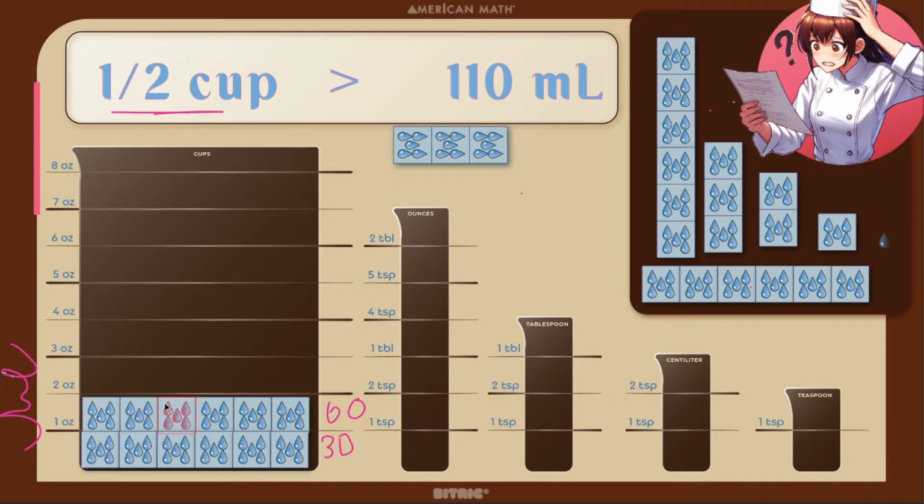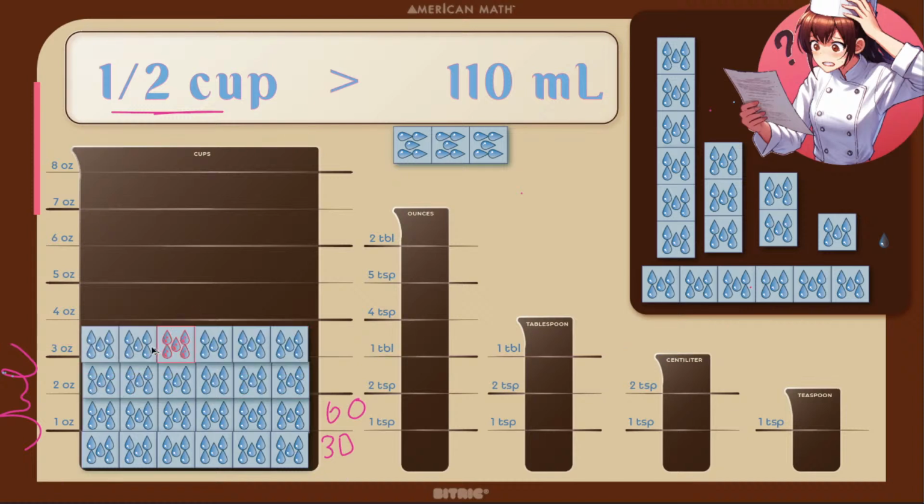We know that 3 ounces is 3/8 of a cup. And then we have 4 ounces of a cup, aka half. So now that we have 60 milliliters down there already, we have an additional 2 ounces. We know that's going to make an additional 60. All right, so that'd be 90 right there. Boom. And that would be 120 milliliters.